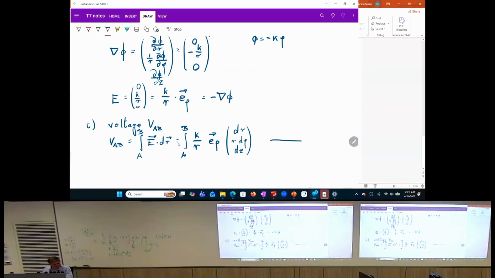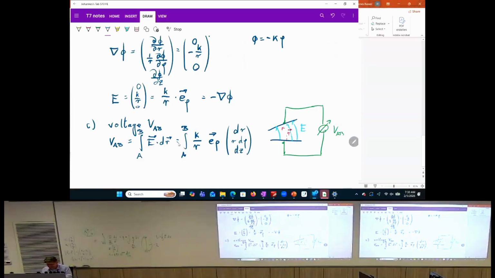If you think of depicting that here, you have these two plates tilted, and you want to measure the voltage here. Then you have to integrate somewhere around this path, which is basically aligned with the phi direction. That turns out to be advantageous, because our E field lines are like this.